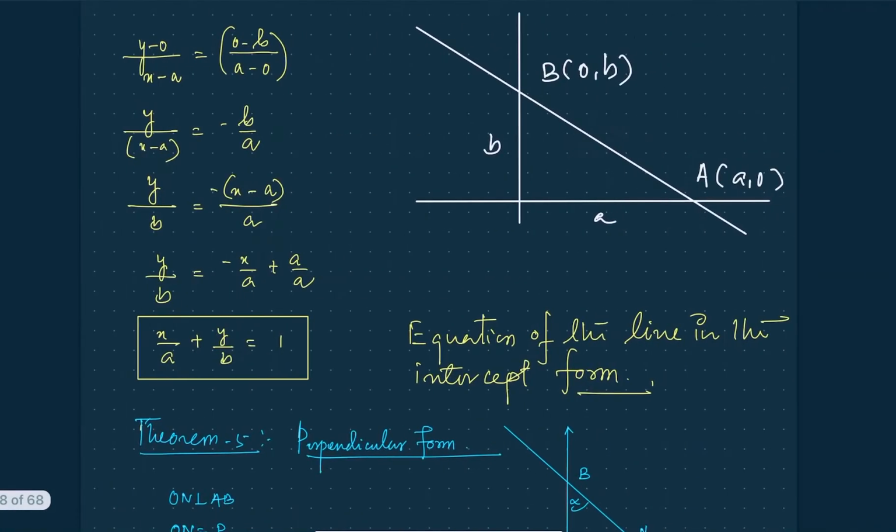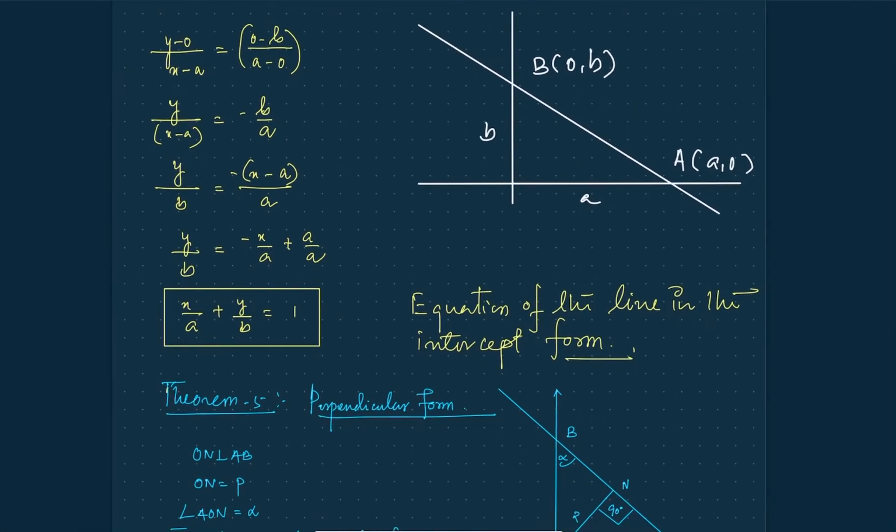We are going to derive that. You see here this is the straight line AB. Since the y coordinate of A is always 0, suppose A is a distance a away from the origin O, so the coordinate is (a, 0). A is any real number.